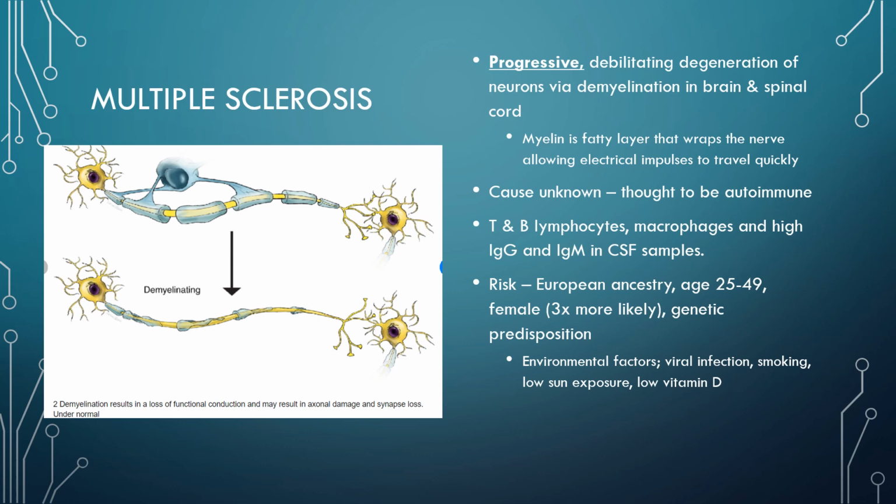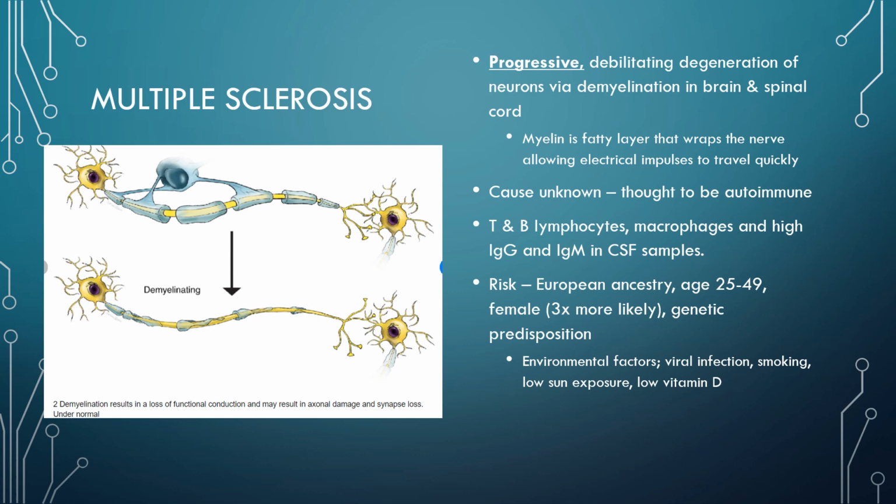So as a review, myelin is that nice, thick, fatty layer that coats your nerve fibers, and that allows electrical impulses to travel quickly from point A to point B. In MS, those fatty layers get broken down.